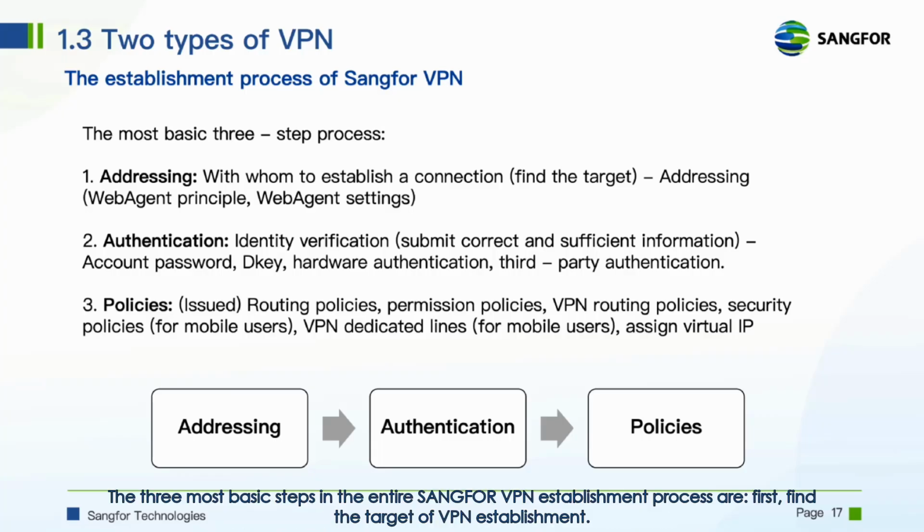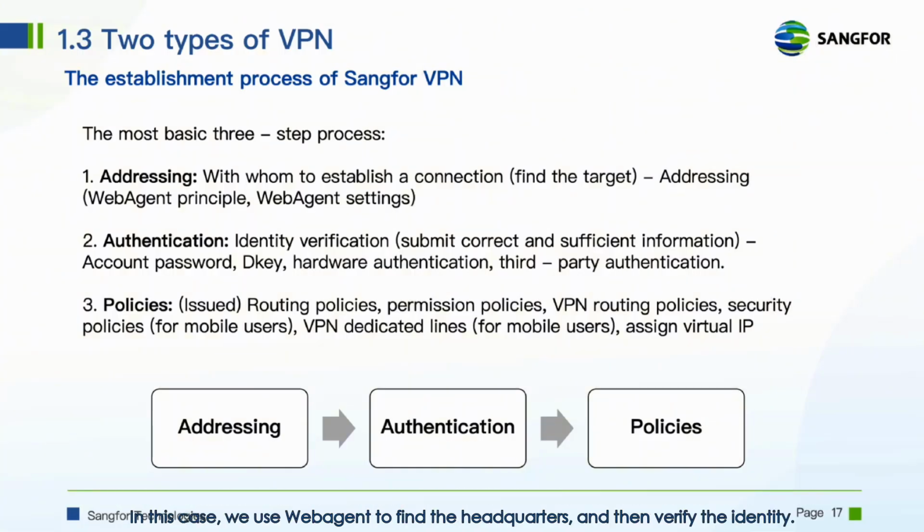The three most basic steps in the entire Sangfor VPN establishment process are: first, find the target of VPN establishment. In this case, we use WebAgent to find the headquarters and then verify the identity. The identity verification requires submitting correct and sufficient information.